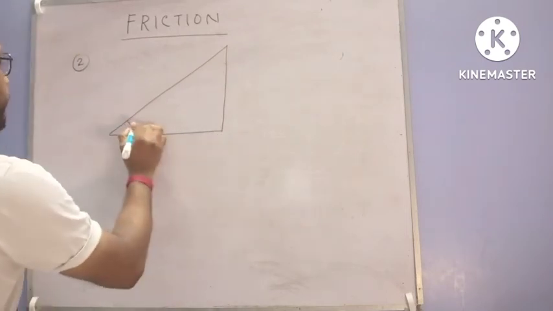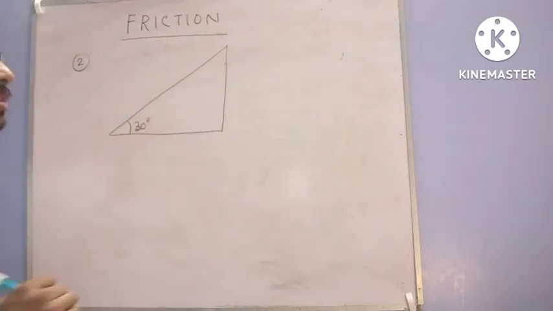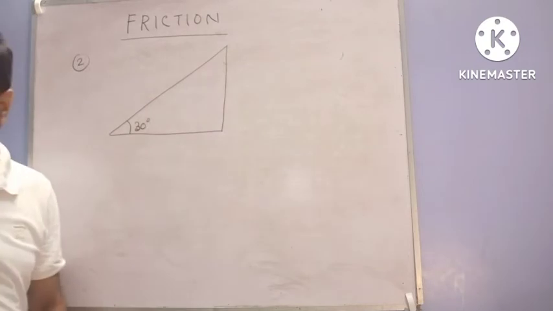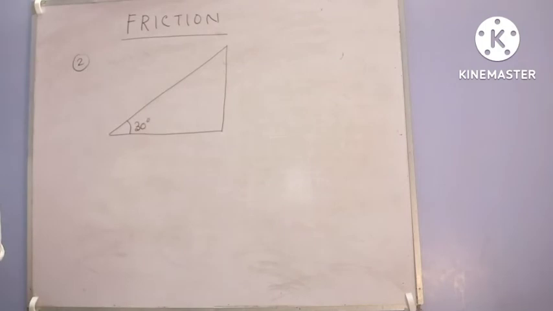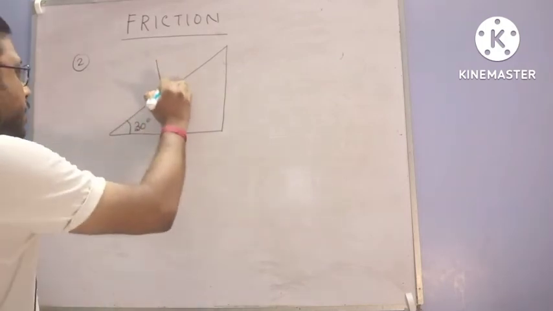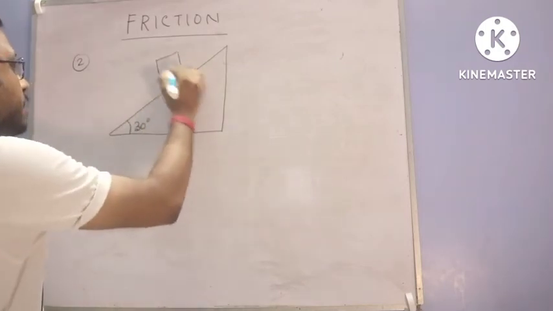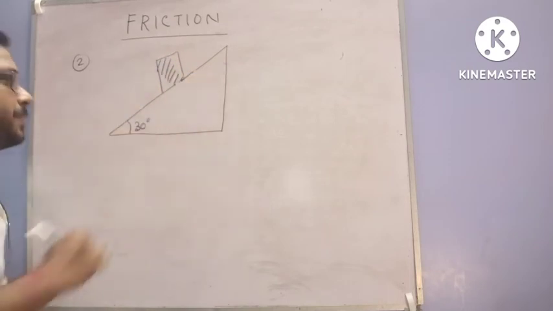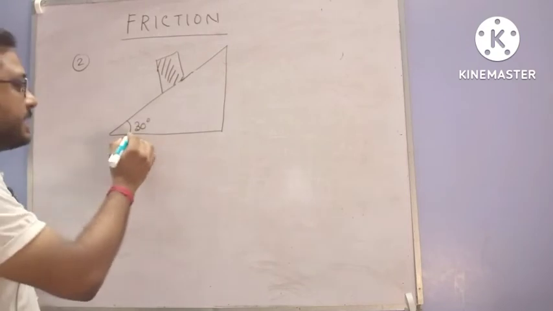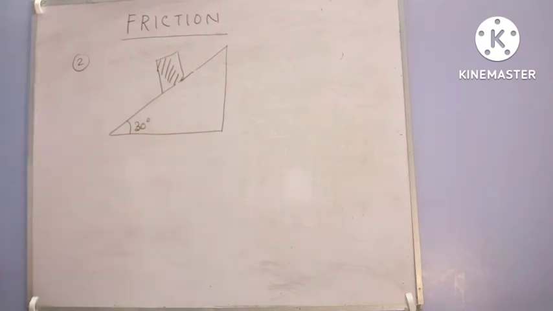We all know the picture of a mass on an inclined plane. A block is placed on an inclined plane which makes an angle of 30 degrees with the horizontal.